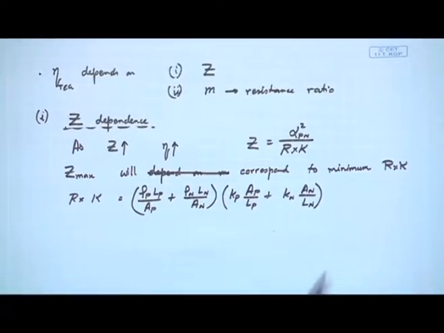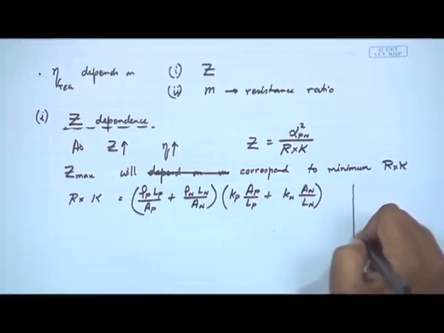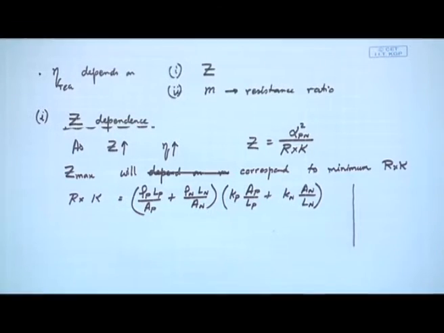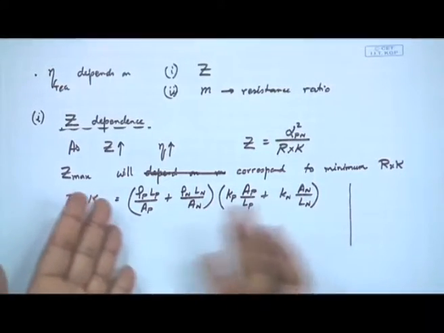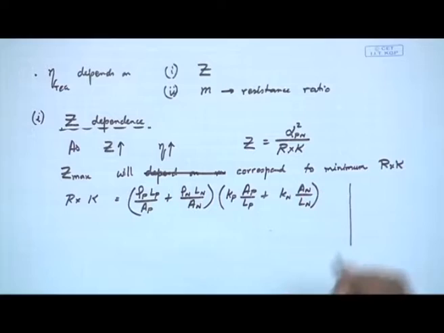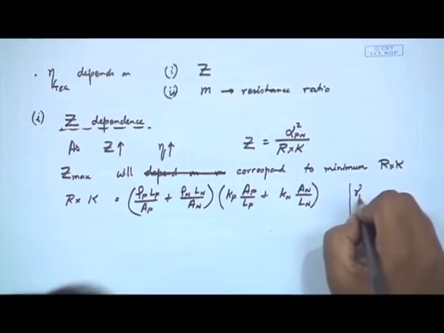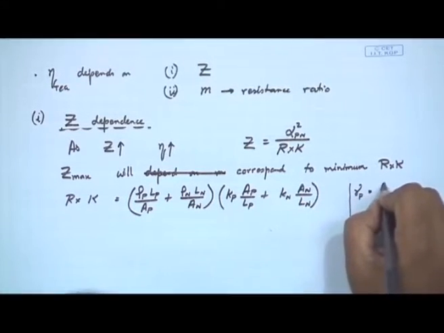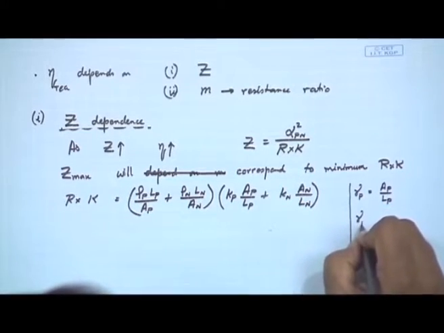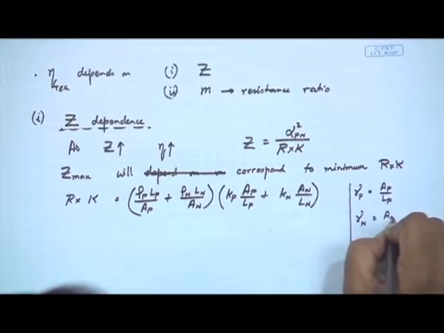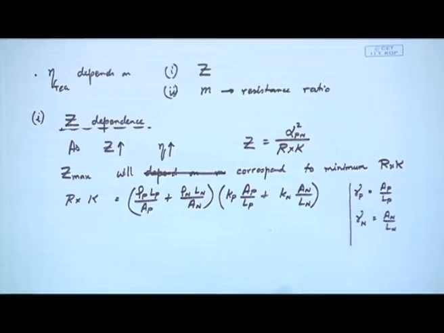So, what I will do here is define a ratio of area to length, so that it becomes easier to deal with this. I do not have to write it all the while. I will say that gamma_p is equal to A_p over L_p, gamma_n is A_n over L_n.